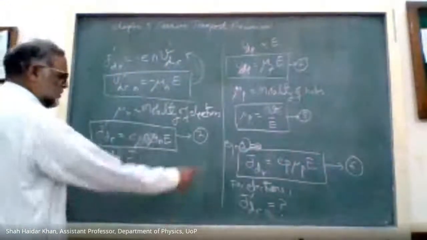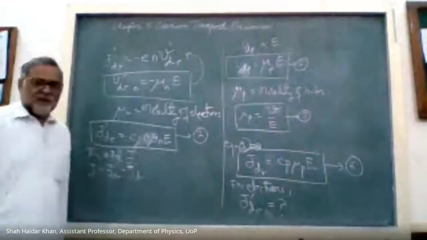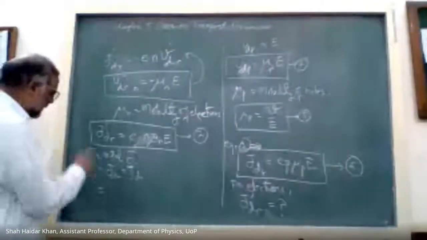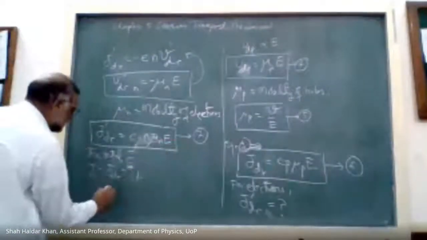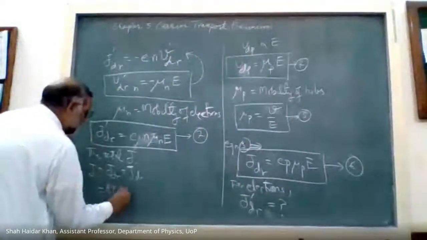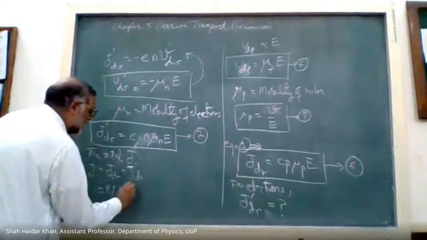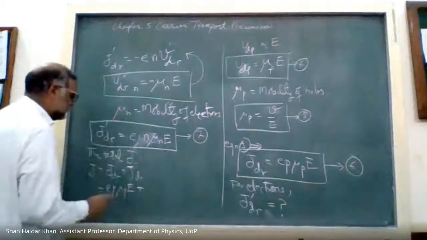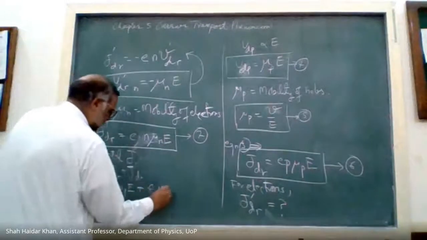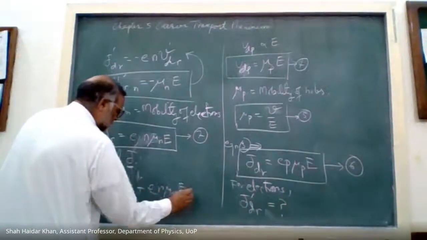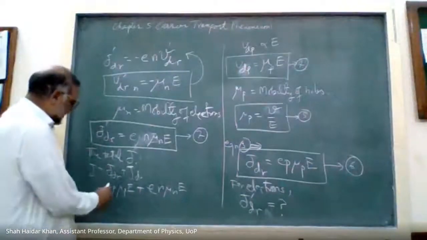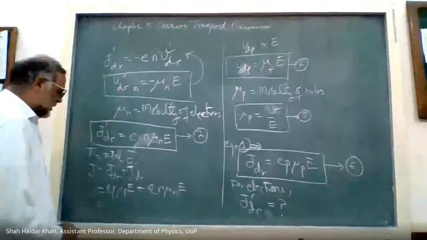So put equation number 6 and equation number 7 here. What we get is the current because of holes, e p mu p into E, plus e n mu n into E. So there is e here, we can take e common.